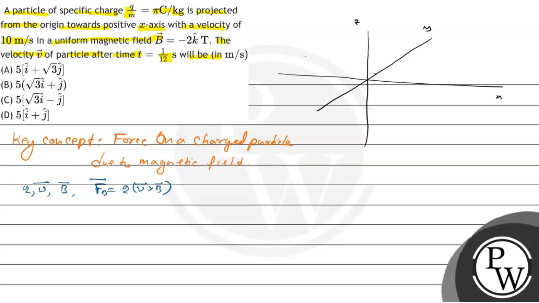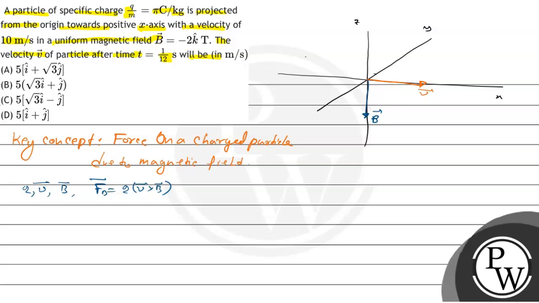According to the question, the particle is projected from origin to the x direction. So our velocity vector is in the x direction, and we have a uniform magnetic field in minus 2 k cap Tesla. So it will be basically in negative z axis.